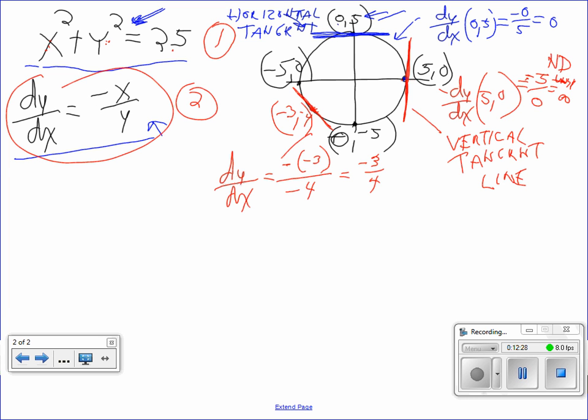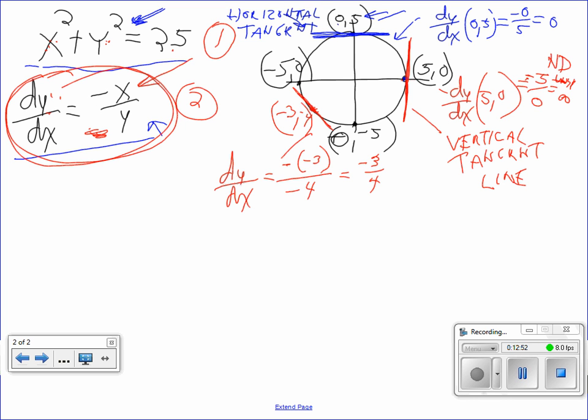Okay, so notice what this gives us. Only for points x and y on this curve, this gives us the slope of the tangent line. We can use this relationship. The questions might ask you, where are you going to find horizontal tangents? Well, when is this equal to 0? dy dx is equal to 0 when the numerator is equal to 0.